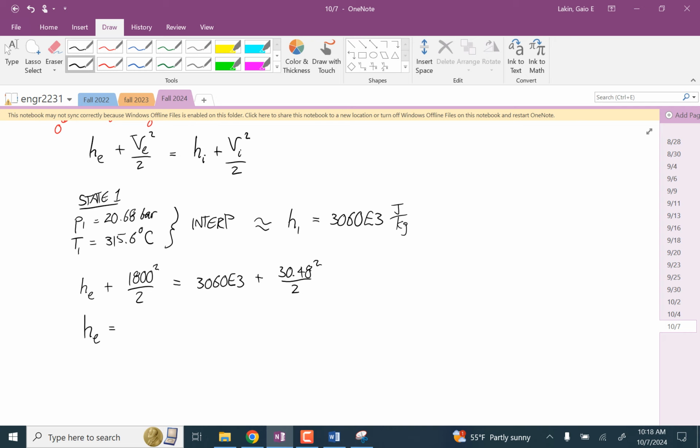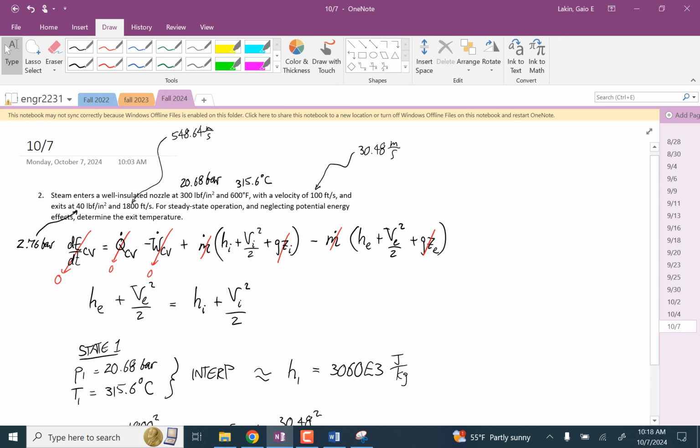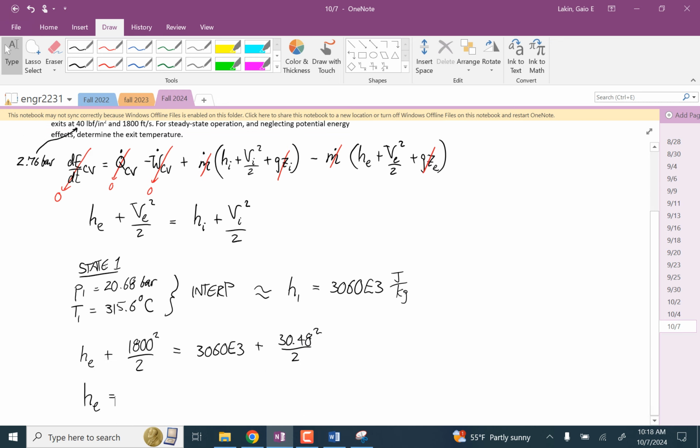Why is it 1800 and not meters per second? Yeah, you're right, it's the meters per second, 548. Yeah.